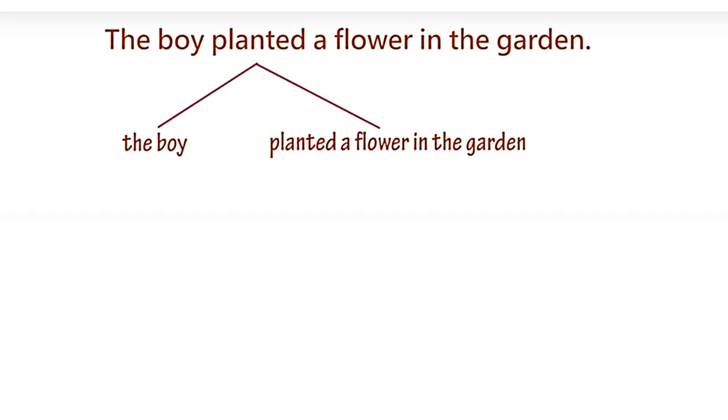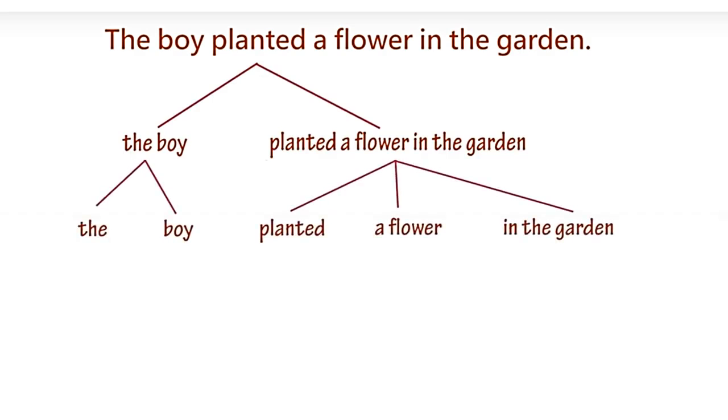Let's divide it again. The boy, I can do two branches again, and then planted a flower in the garden. There is a way in which you can put words together first before you put them in a sentence.